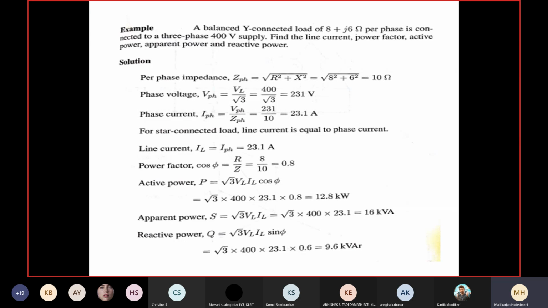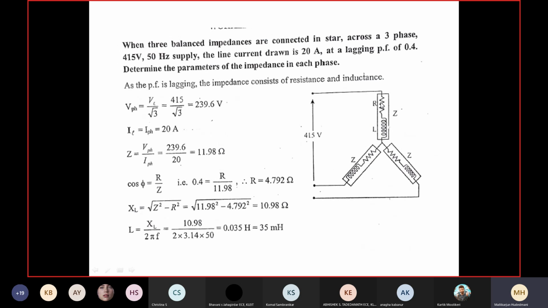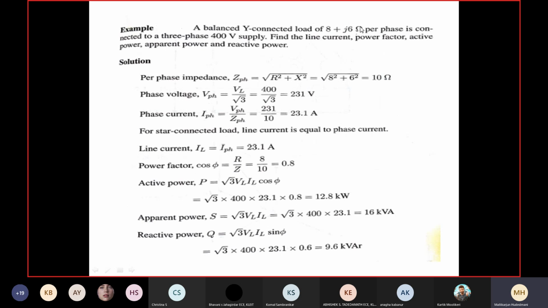Star connection, yes. What is the component available in each arm? Impedance 8 plus J6 ohm. What is the voltage across the total system? 400 volt 3-phase. Therefore, in each arm there is an impedance. What is the impedance? Square root of R square plus XL square. R is given, XL is given.